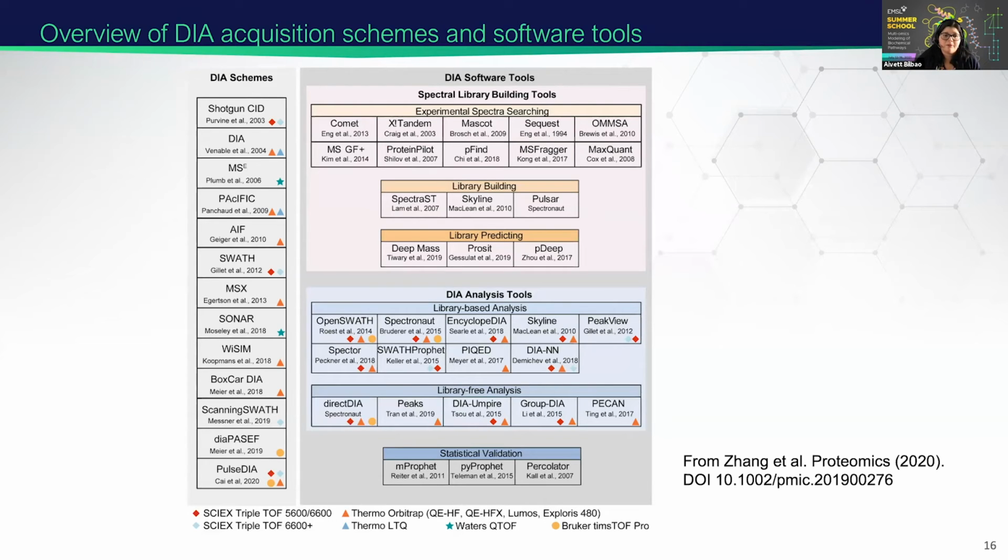It was able to collect more high-quality information, and a targeted data extraction strategy was proposed, similar to SRM, where we can create libraries from data-dependent acquisition experiments to know what the vectors are that we are looking for in the DIA spectrum.